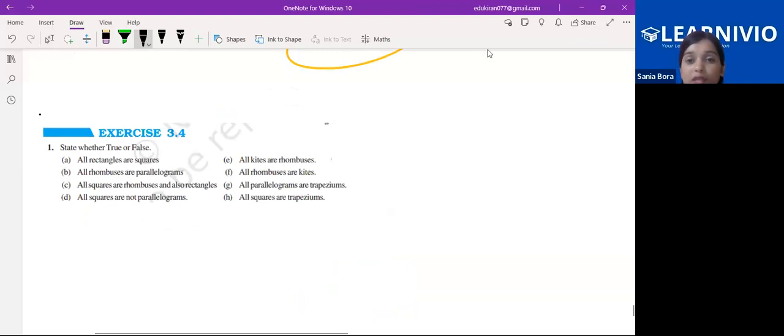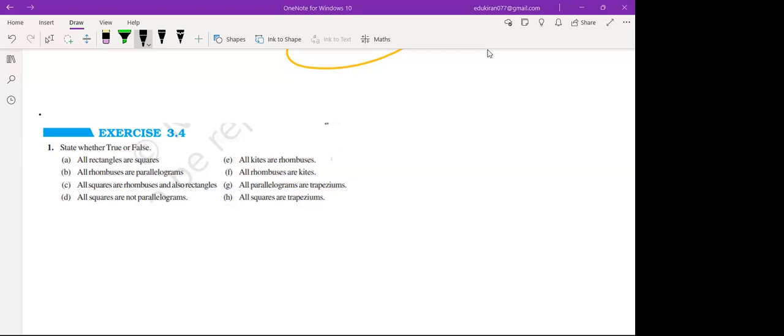So quickly start doing this and then we'll discuss the answer. These are true or false. Just assume it according to your need and tell me whether they are correct or wrong. You have to write true or false. That's it.